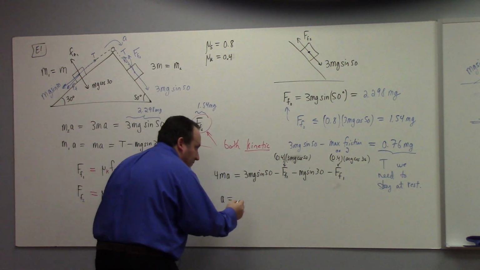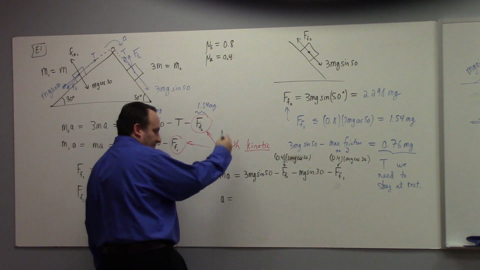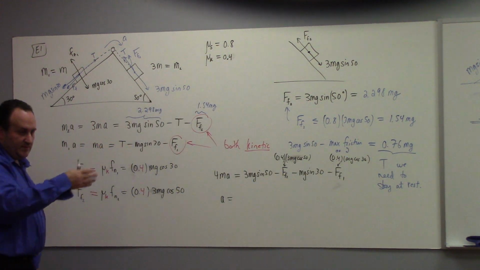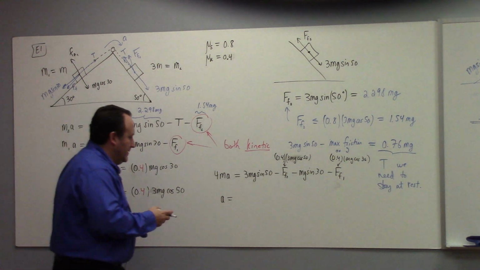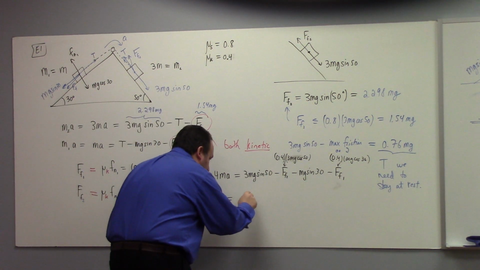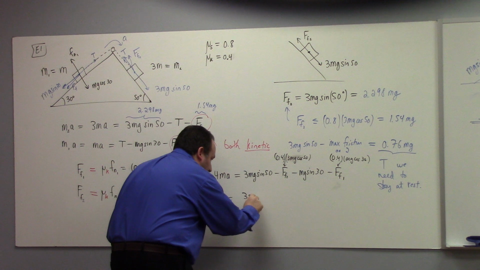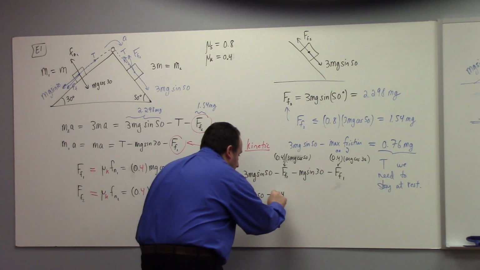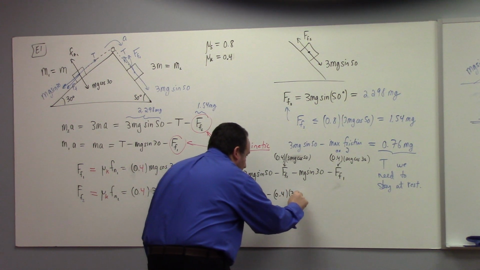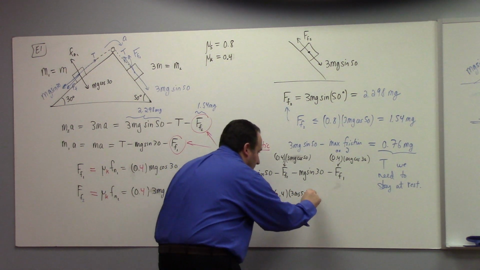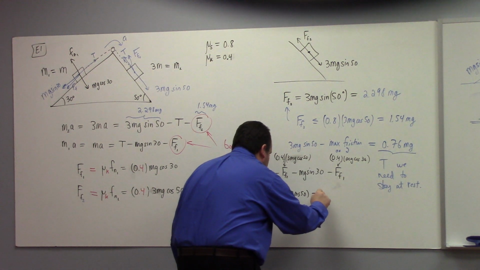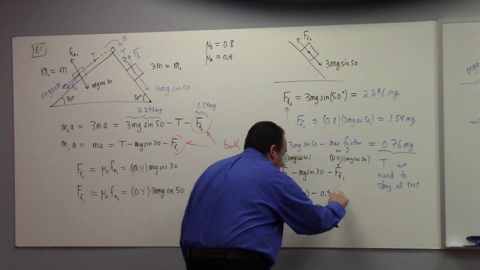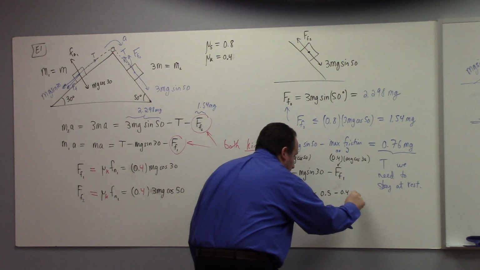All right. So notice finally, there's an m everywhere. Here, here, here, here, and here. So we actually didn't need to know the mass. It cancels out, right? And we get acceleration is, in fact, 3 sine 50 minus 0.4 times 3 cosine 50 minus 0.5, that's sine of 30, minus 0.4 times the cosine of 30.